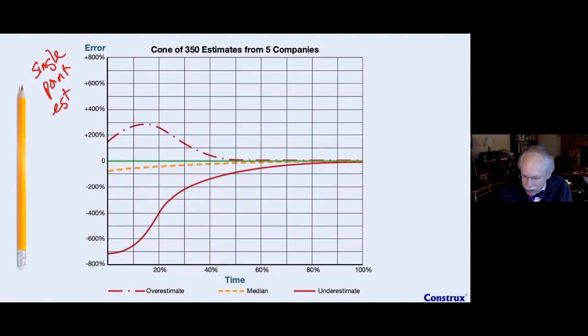They come up with a single point estimate. And for all practical purposes, that single point estimate is treated as a promise: we will hit this number. And what happens is that reality sets in, and they find out that their promise was off. They overestimated up here, maybe, but more likely underestimated. And you can see down here, we're looking at 700-ish%.